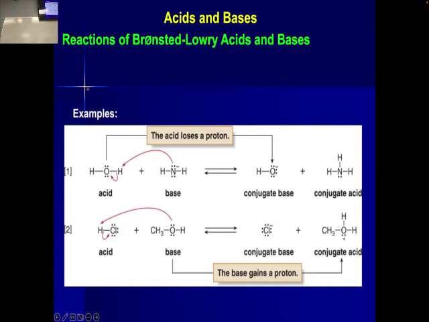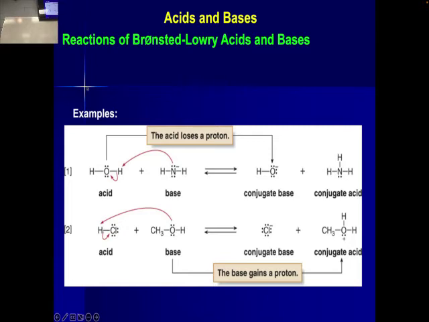So here's some examples. The electron pair acceptor is the acid. The electron pair donor is the base. So here's an example of some reactions. If I take an acid, in this case the acid is water.